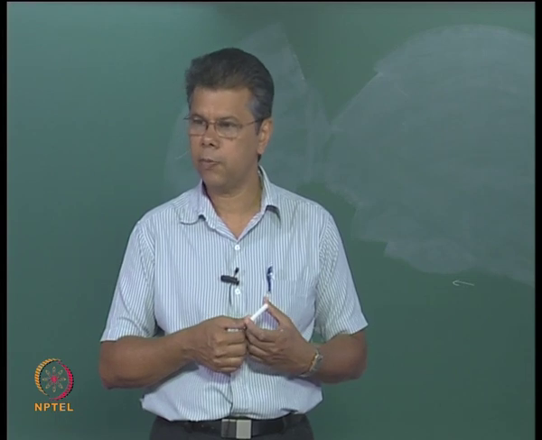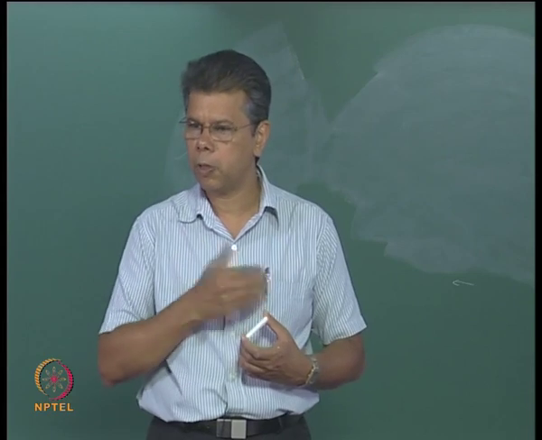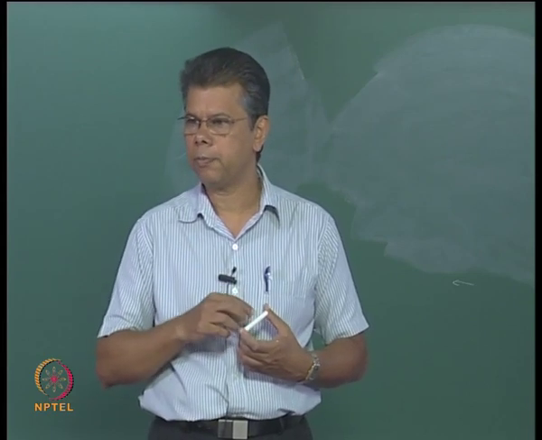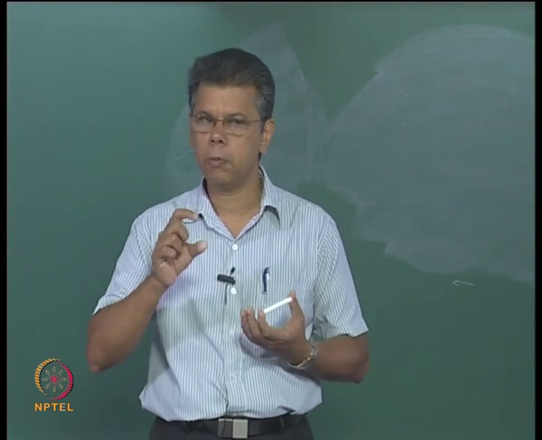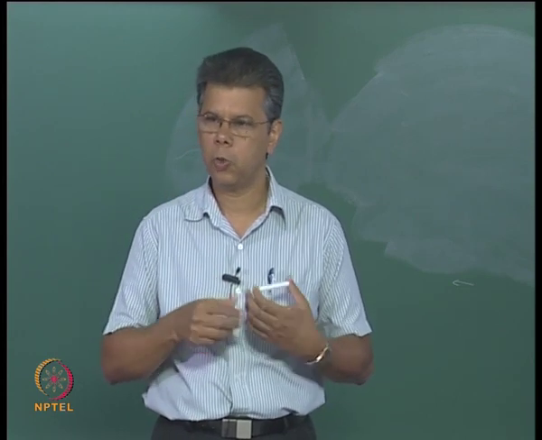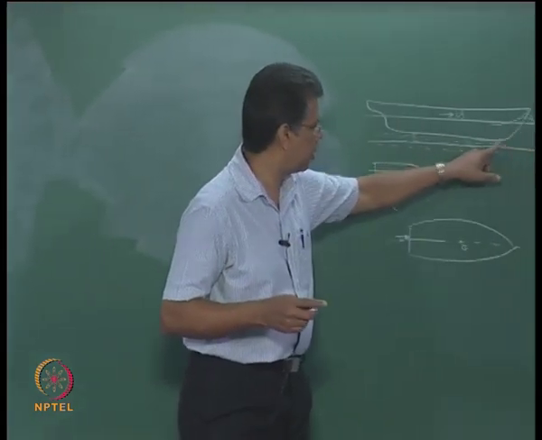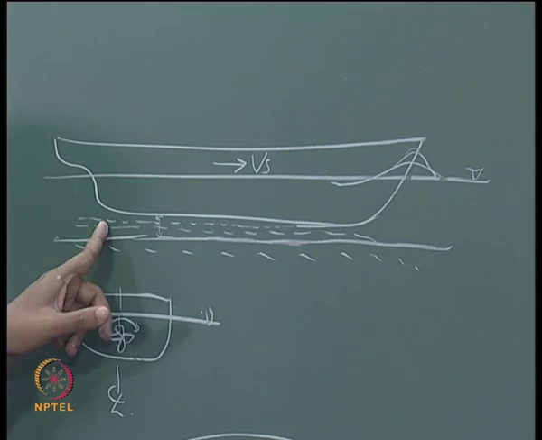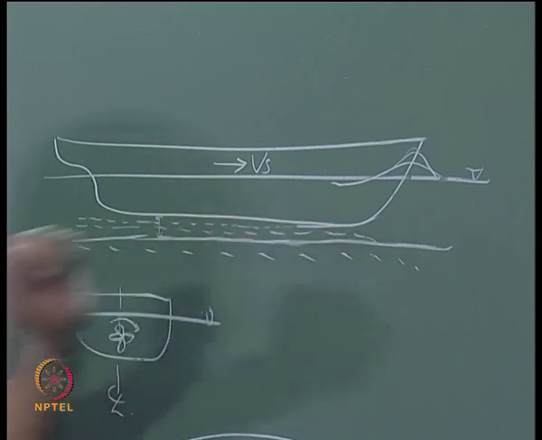In addition to that, when the boundary layers are formed at the bottom of the ship and also at the bottom of the waterway, that will give additional constriction to the flow, because inside the boundary layer the flow velocity is less, so the constriction is more. So compared to the flow velocity here, the flow velocity here will be more because of the boundary layer formation, because there is a constriction created by the formation of the boundary layer and its increase in thickness at this region.